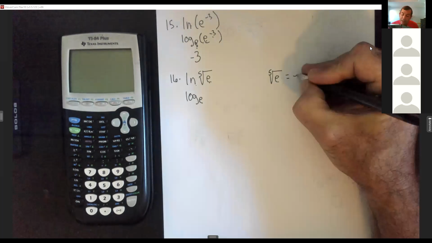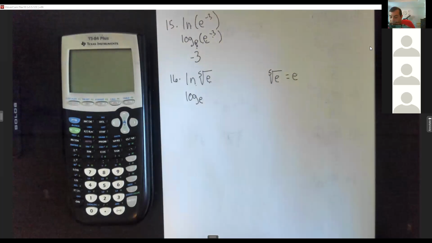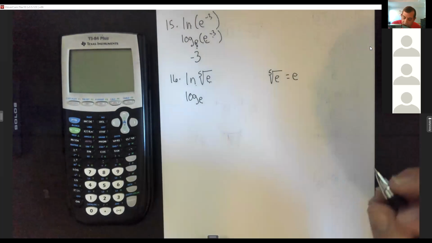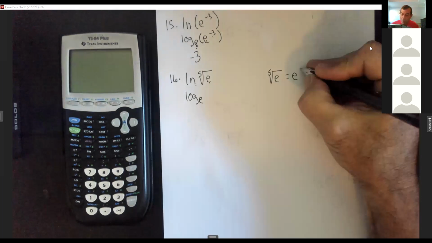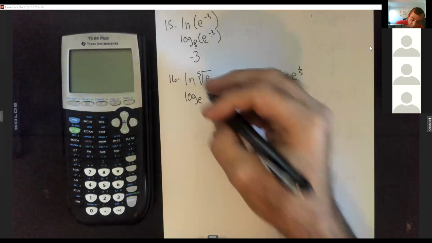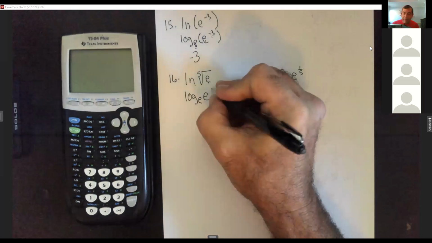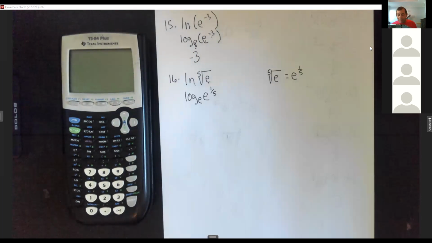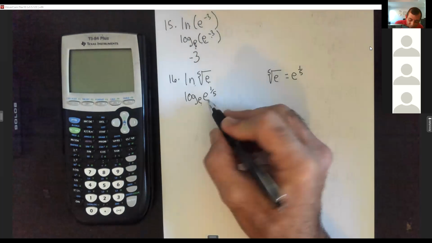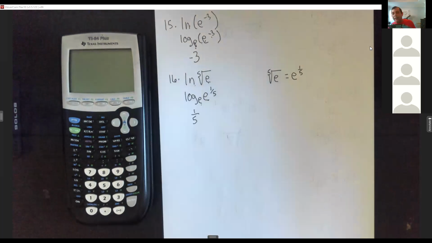So that'll be E to the, what y'all putting there? 1/5. So E to the 1/5. So I'm going to replace that over here, E to the 1/5. All right, so here we go. The base matches the base of the result. So the answer, once again, is 1/5. Good job.